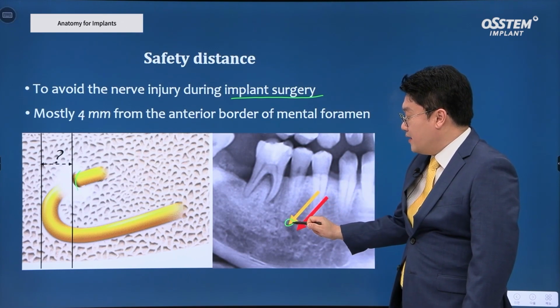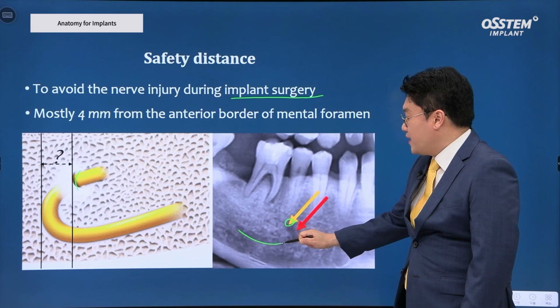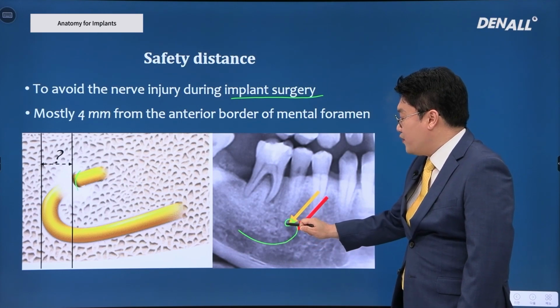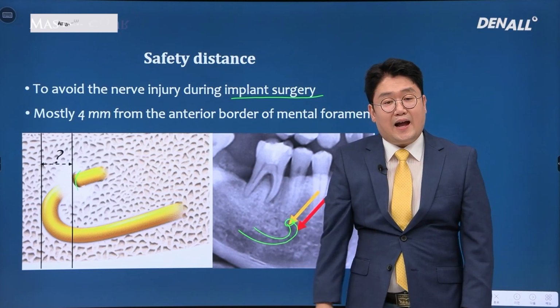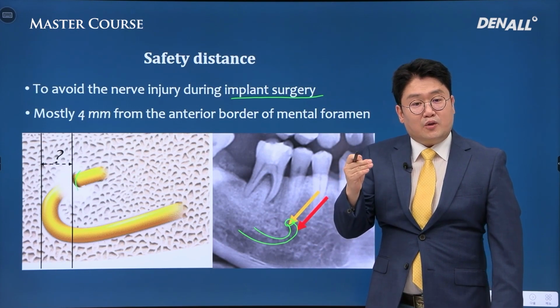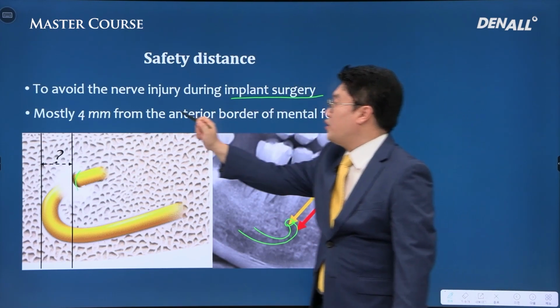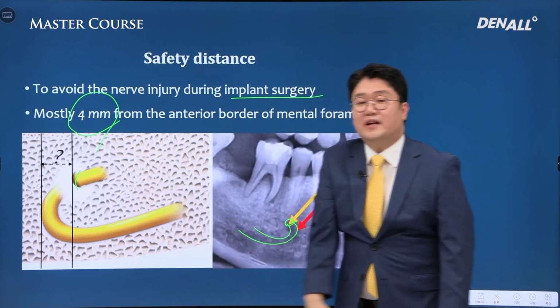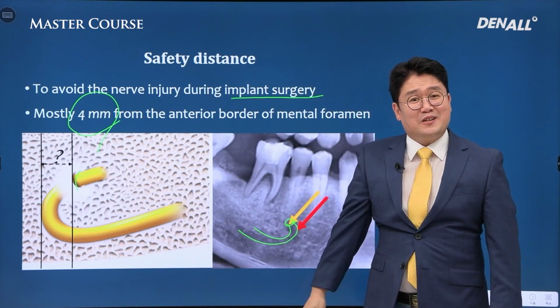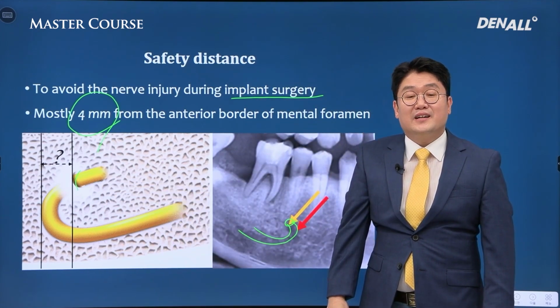As you can see, there is an inferior alveolar nerve and mental foramen, and there's a loop. And this is something that we're all well aware of. In general, the safety distance is 4 millimeters.